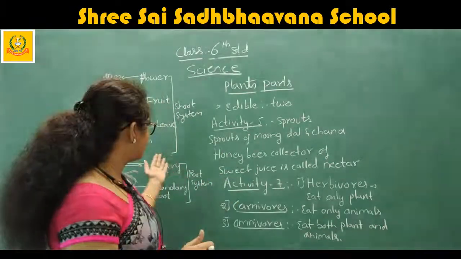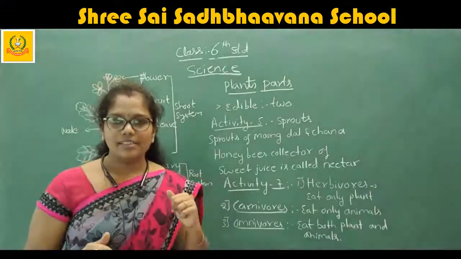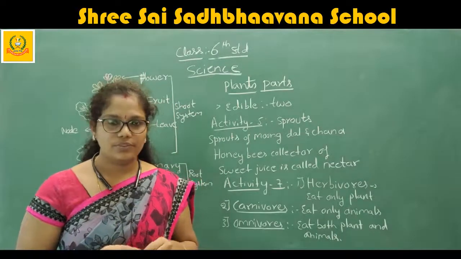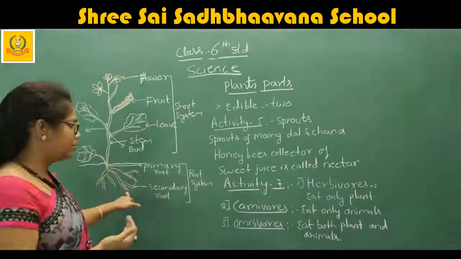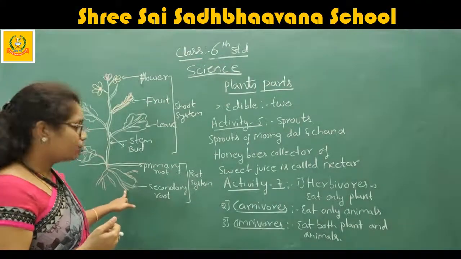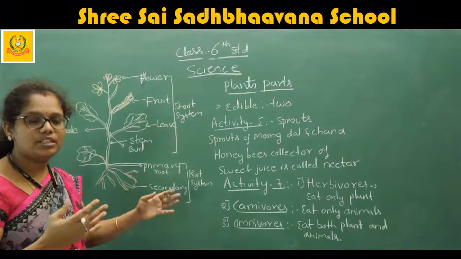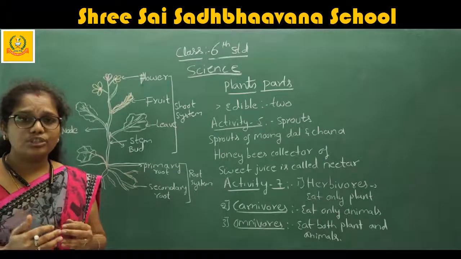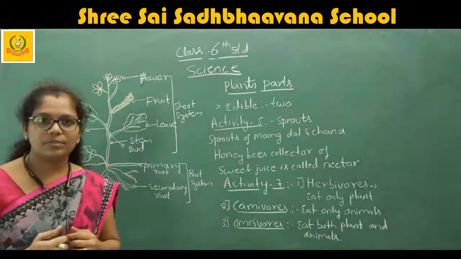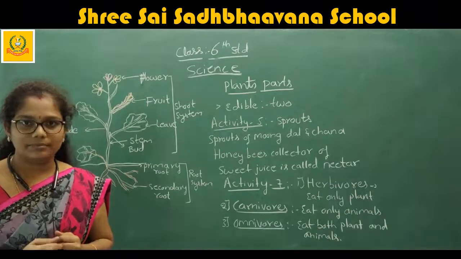And the remaining parts of the plants are not much useful for eating. If you see the root, we don't use the root for eating purposes. For medical issues, you have uses. By using some roots of different types of plants, we get medicines in the Ayurvedic method.